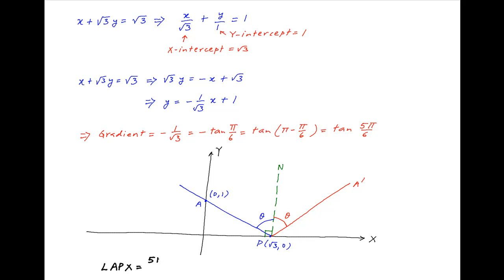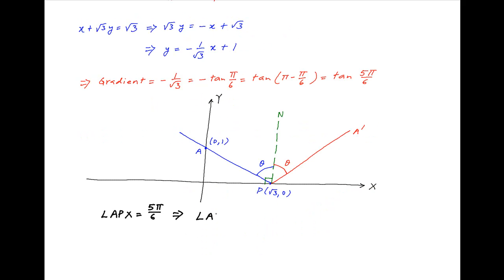Now angle APX is equal to 5 pi upon 6 as determined above. Therefore, the angle made by the line AP with the negative direction of the x-axis, or angle APO, is equal to pi minus 5 pi upon 6, which is equal to pi upon 6.